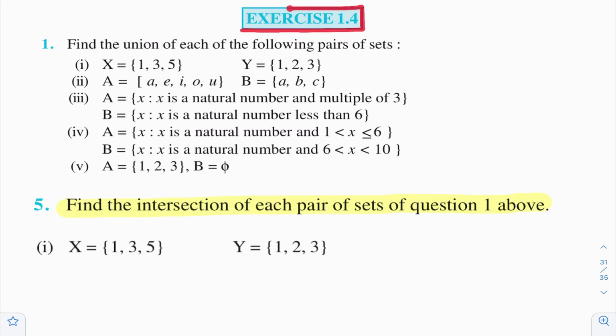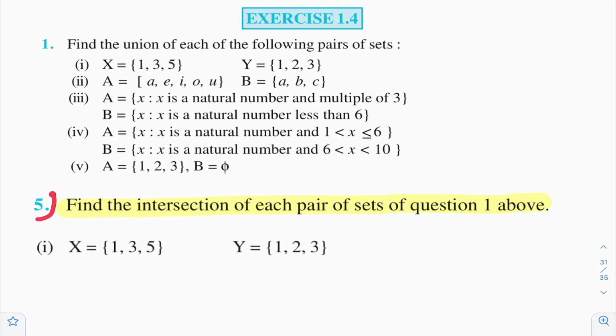Exercise number 1.4 solutions. You observe this first question. What are they asking? Find the union of each of the following pairs of sets. They have given, in the first bit, two sets X, Y. They are asking for the union of these two sets. Like that, we need to calculate the union of the given pairs of sets.